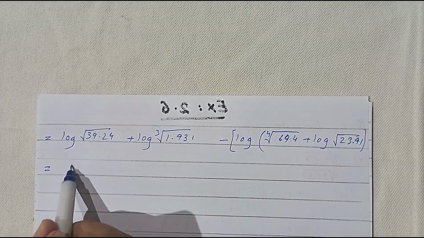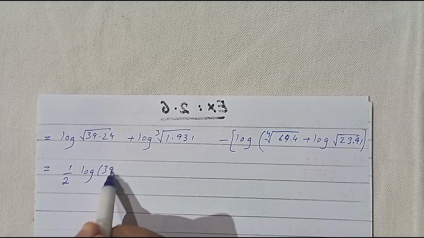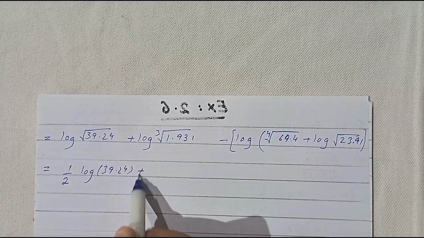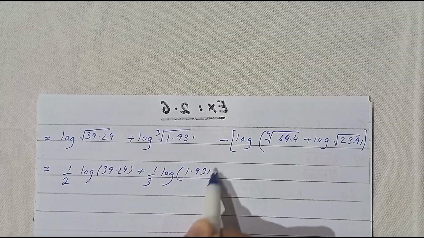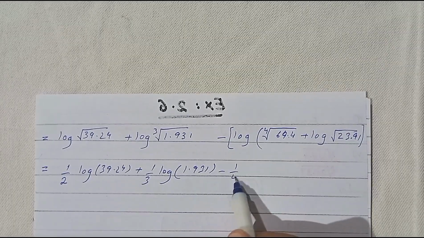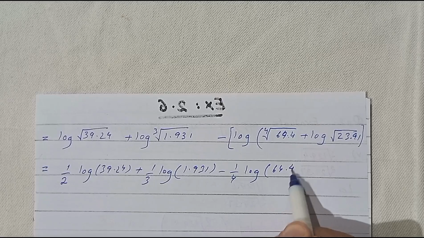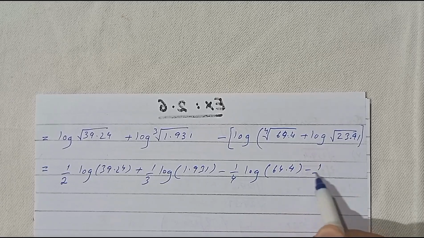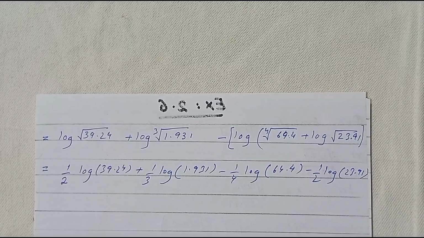Applying the power rule, powers come at first: 1 by 2 log of 39.24 plus 1 by 3 log of 1.931 minus 1 by 4 log of 64.4 minus 1 by 2 log of 23.91.